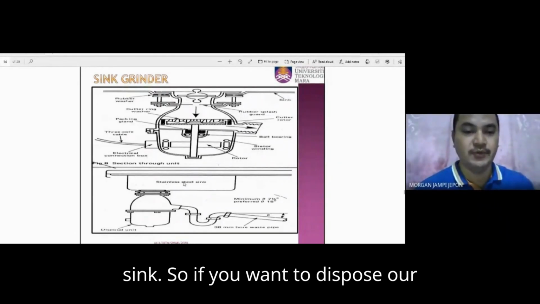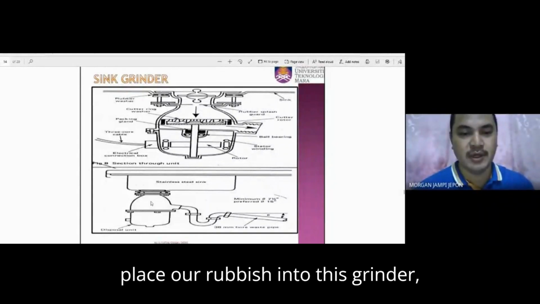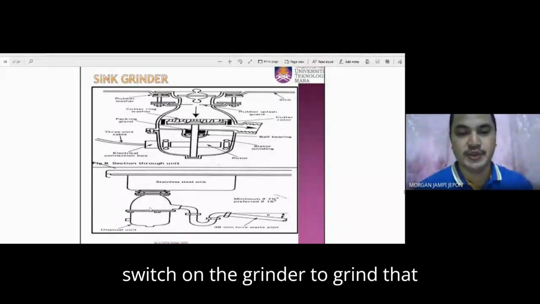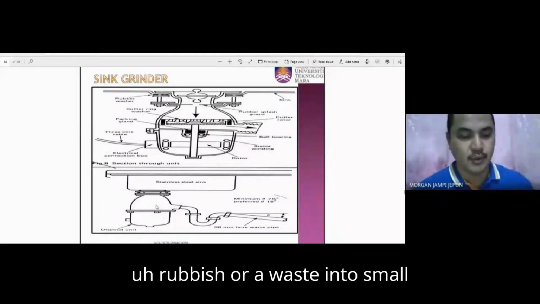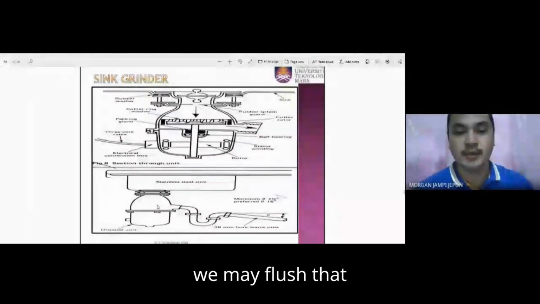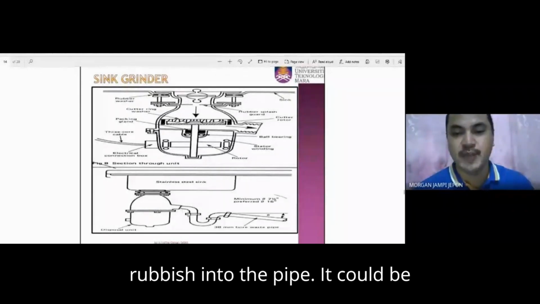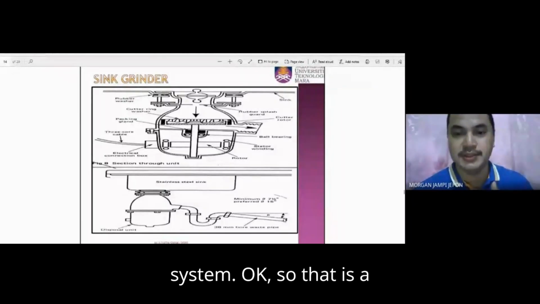If we want to dispose of our rubbish, we pull the plug, place our rubbish into this grinder, and switch on the grinder to grind the waste into small particles. After a while, we flush the rubbish into the pipe. It could be a single pipe or double pipe Garchi system.